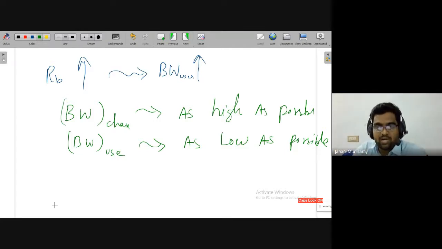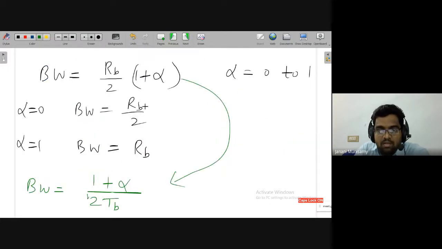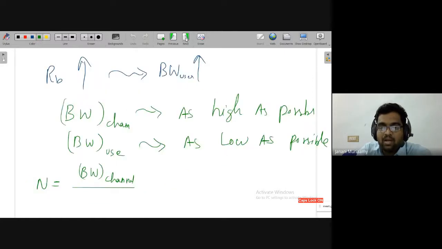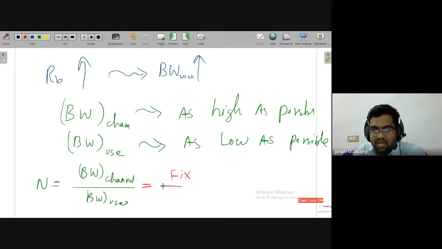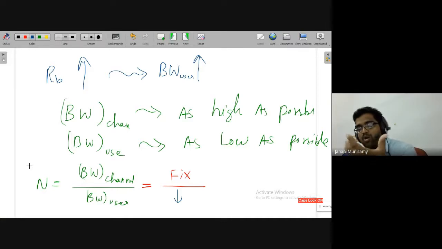So what is the advantage here? What is the relation? Then I can define N. N means bandwidth of the channel divided by bandwidth of the user. Anyway, channel bandwidth is fixed, we cannot change it. But if you reduce user bandwidth, you can accommodate more users. That is the main observation.